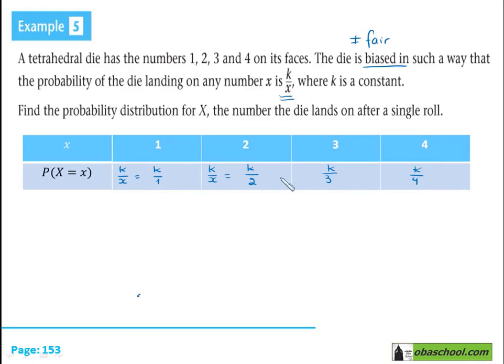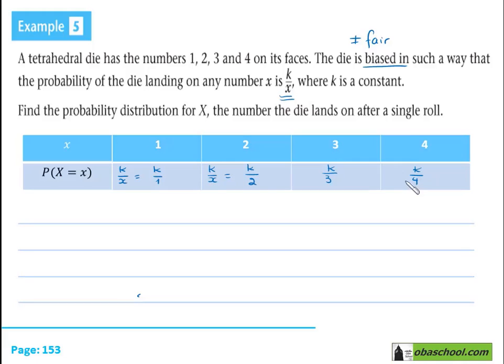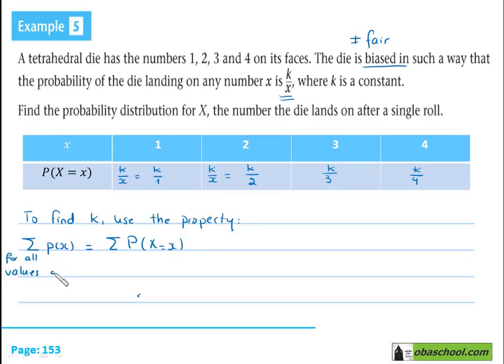To get the probability distribution, we need to know the value of k. To calculate k, we use the property that all these probabilities add up to 1. So we write, to find k, use the property summation of p of x, or summation of capital P X equals x, over all values of x, is equal to 1.